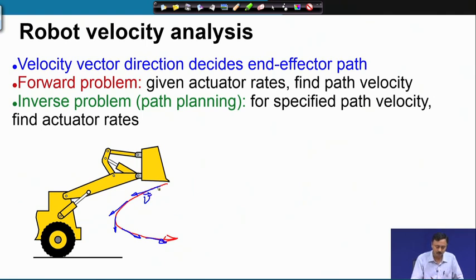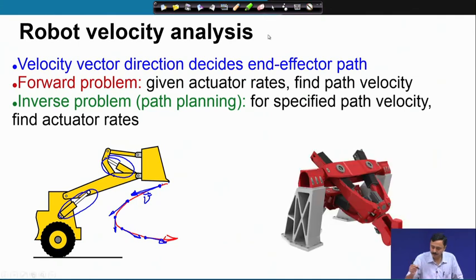At each point we have such a velocity vector, which must be tangent to the path. Suppose at this point I want to have this velocity vector, what should be the expansion rates of these two actuators? Or the forward problem is, given the actuator rates, what is the velocity on the path? So, either way you can look at this problem.